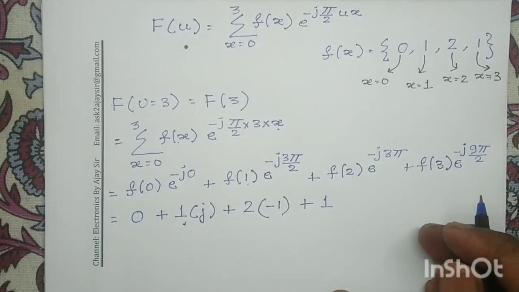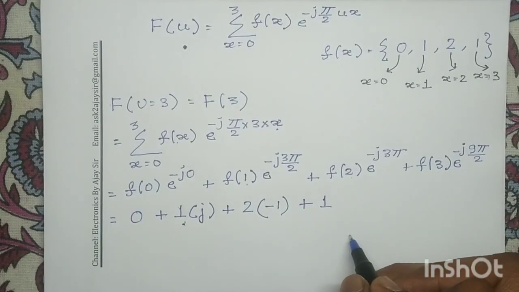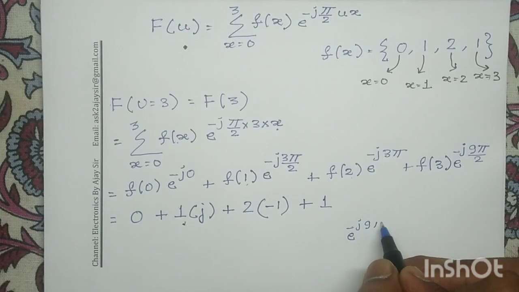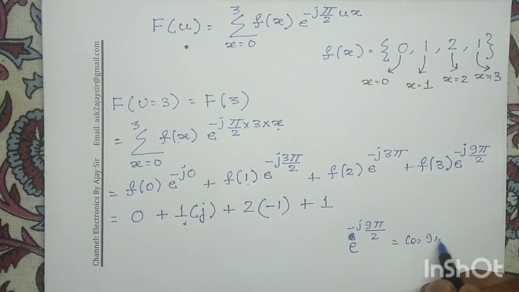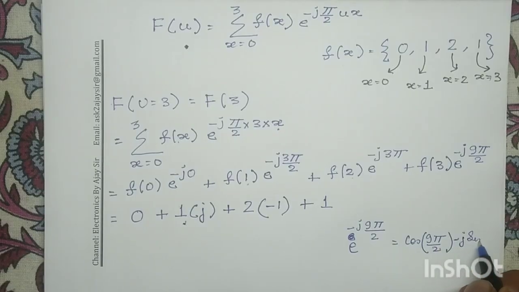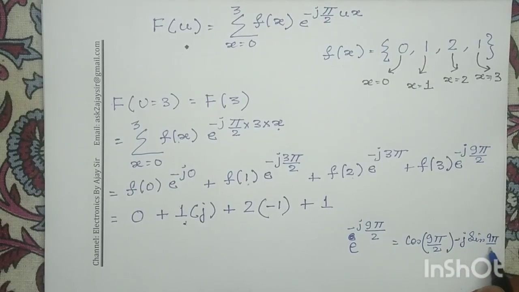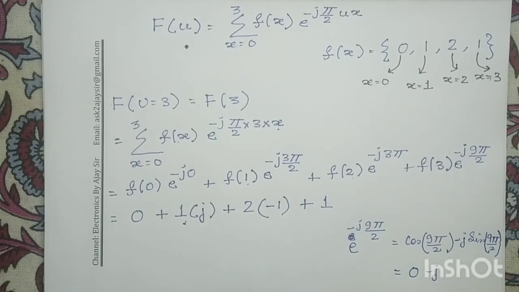e to the power minus j 9 pi by 2 we have to compute. For this we will apply the similar Euler equation. It is cos 9 pi by 2 minus j sine 9 pi by 2. From trigonometry, cos 9 pi by 2 is 0, minus j sine 9 pi by 2, which is 1.